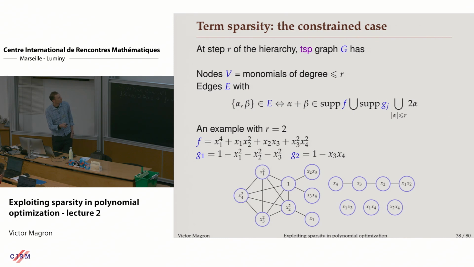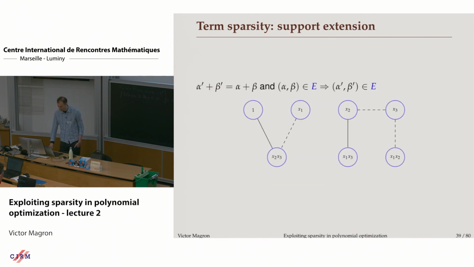For instance, I hope I will be right, you don't have an edge between x4 and... okay, but there is x2, x4 here. Maybe there is no edge between x3 and x1, x2, because x1, x2, x3 does not appear in the support, for instance. So it's the same in the constraint case, basically. It's the same construction.